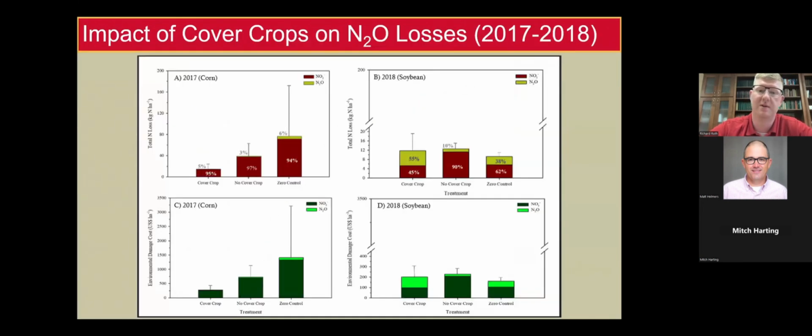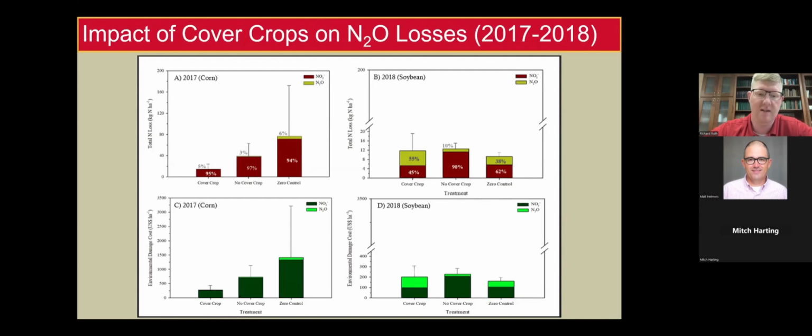Okay, so we also looked at gas losses, and I'm not going to spend a lot of time on this, but the main takeaway here is that there's less of a definite answer when it comes to greenhouse gas losses, specifically nitrous oxide, and how cereal rye cover crops can impact that. On the top left, figure A is where we had a corn year. And you can see the cover crop reduced total nitrogen losses, so nitrate and nitrous oxide combined.